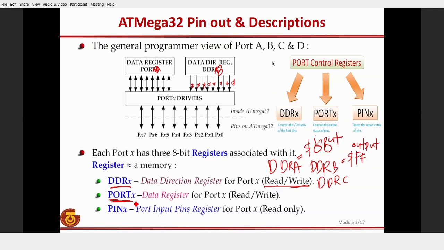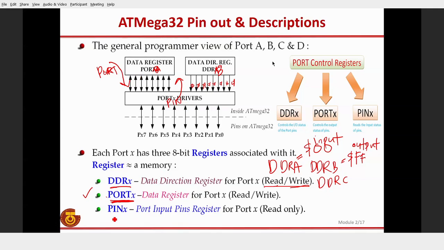Okay, so remember, if you want to read from the external port, from an external device, we use pin. If you want to write out whatever we write in our microcontroller, we use port. So if this is port A, this is pin B, for example.